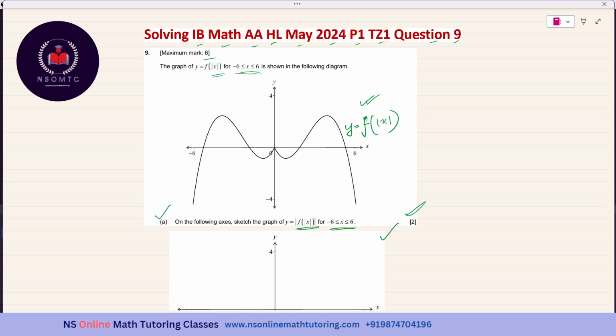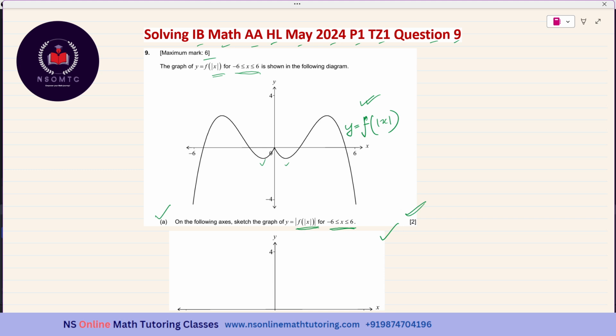Whenever we have to sketch the graph of absolute value of some function, what we do is reflect the portions which are below the x-axis on the x-axis, and the portions of the graph which are originally above the x-axis remain unaltered, but the portions which are below the x-axis come up.